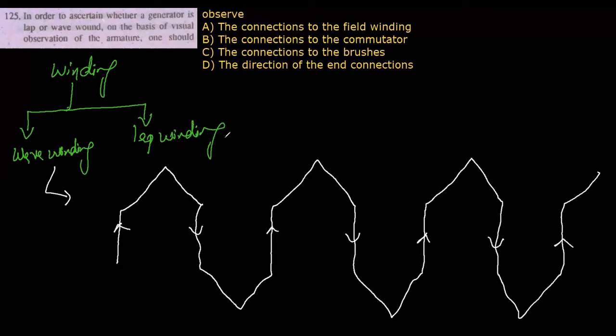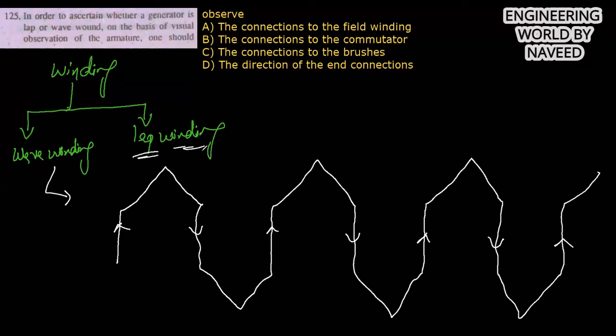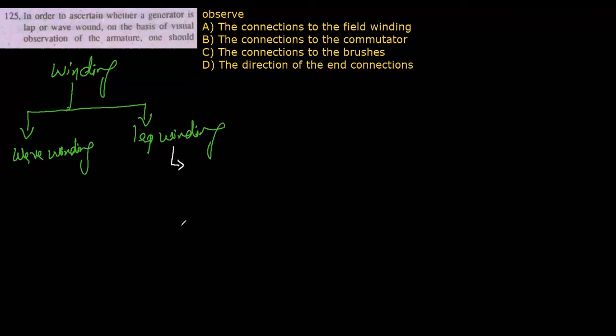Okay, and another type of winding is the lap winding. So in lap winding, there is a successive overlapping of coils. So how is there a successive overlapping of coils? Let's say this is my commutator and this is segment 1, this is segment 2, this is segment 3. This will be like this.